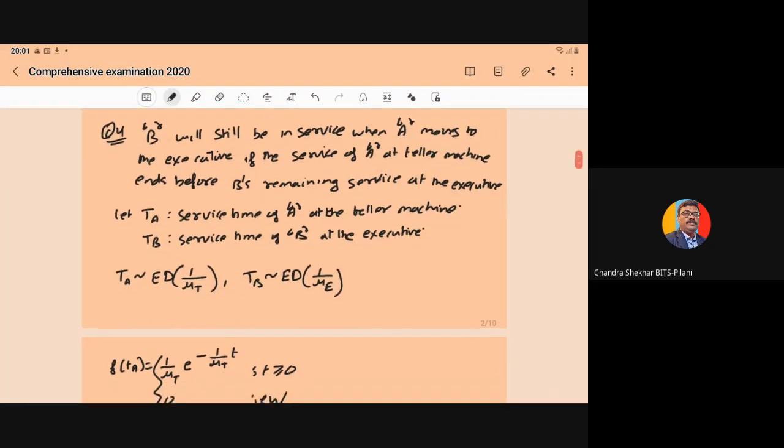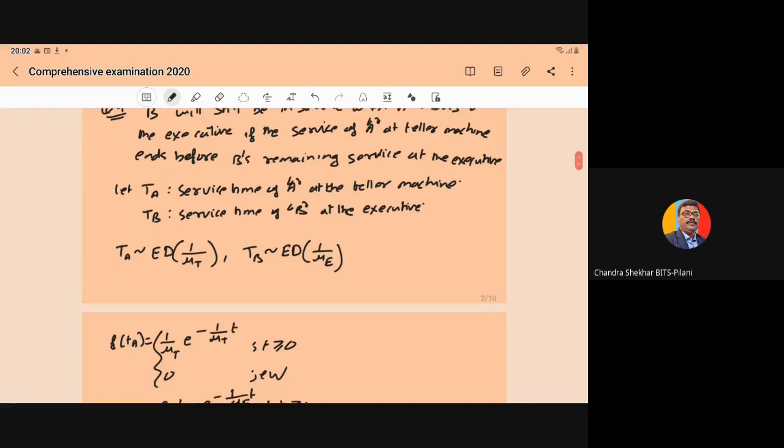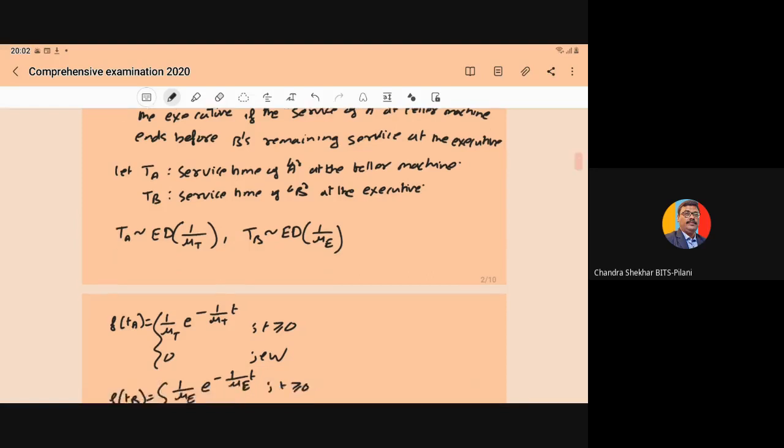It is given that both follow the exponential distribution with means mu t and mu e at the teller machine and at the executive. So TA follows the exponential distribution with mean time 1 upon mu t, and TB follows the exponential distribution with mean time 1 upon mu e.